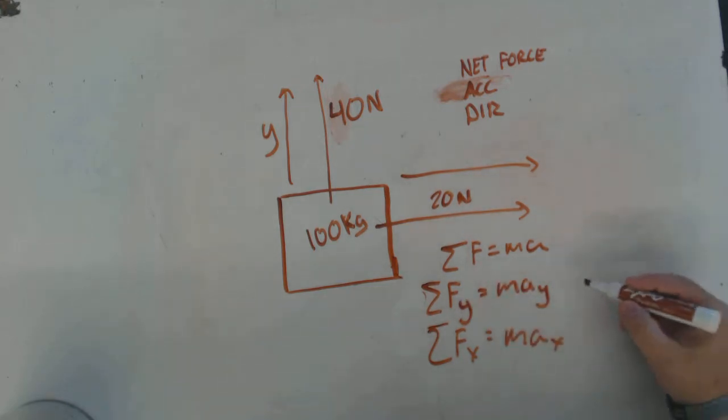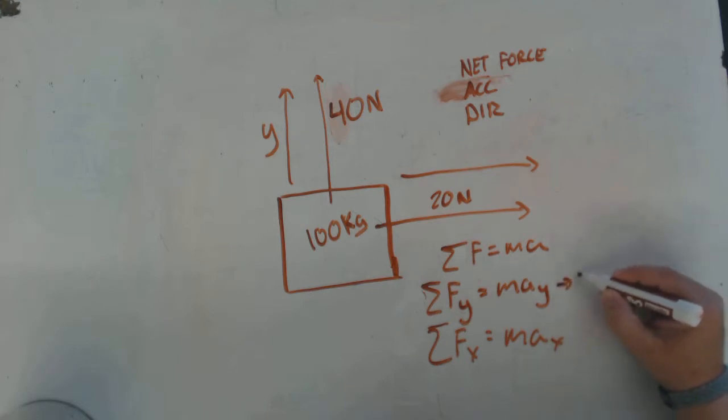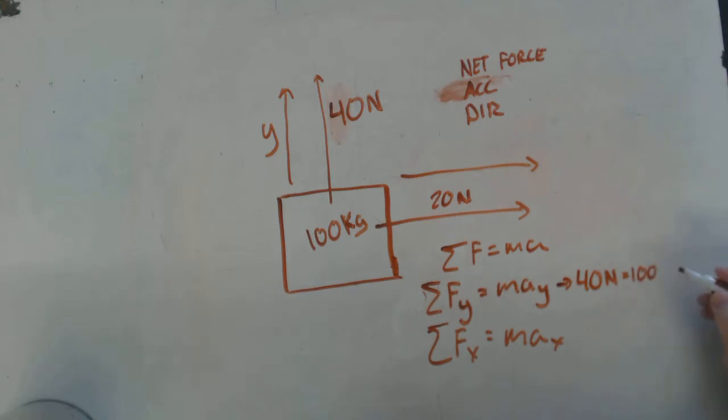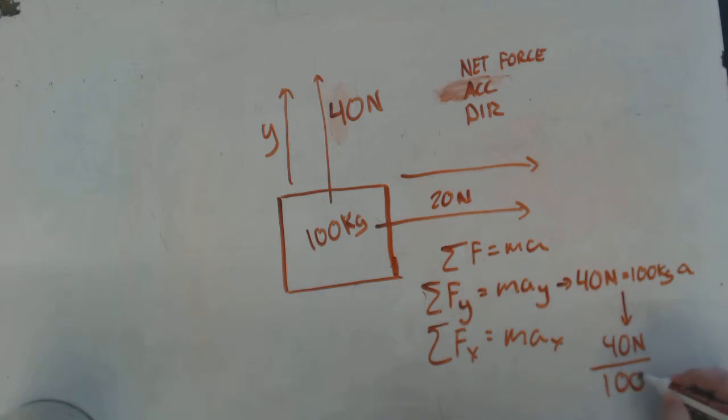I can say my force in the y was 40 newtons. So 40 newtons in the y is equal to the mass, which was 100 kilograms, times my acceleration. The math turns out to be nothing more than 40 newtons divided by 100 kilograms equals a.